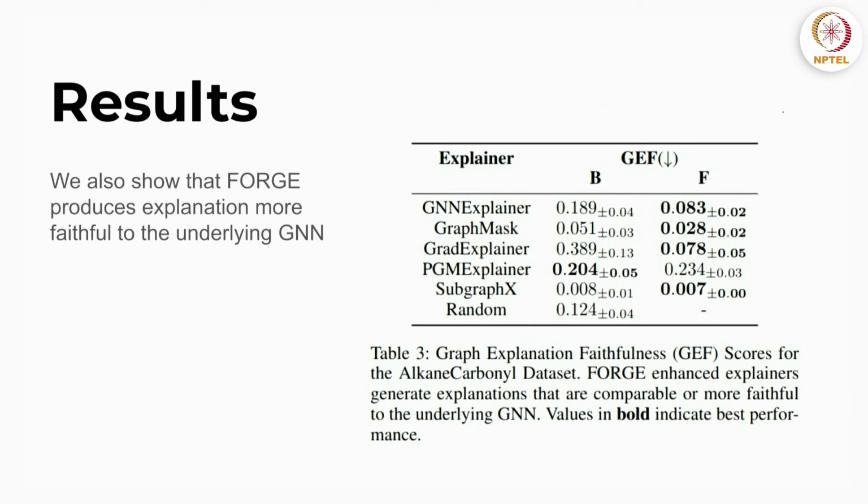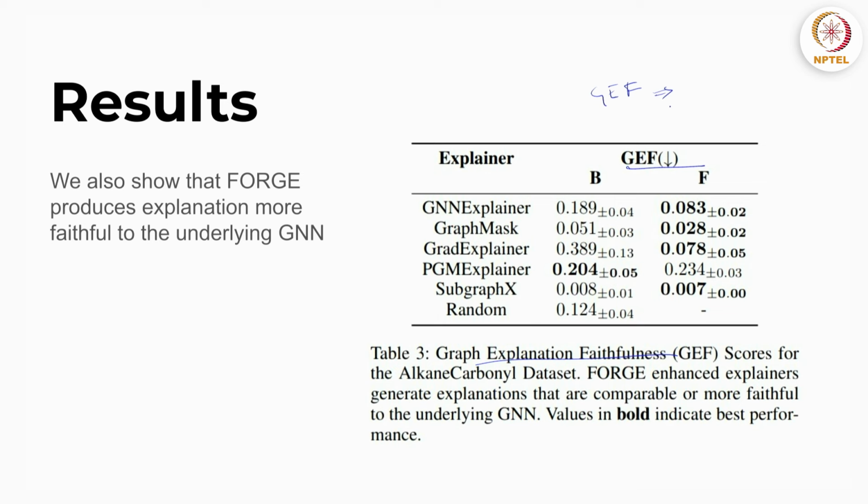However, now we move on to further results, and here we have GEF. The formula for graph explanation faithfulness is a little more complicated, but what it tells us empirically is how faithful the explanation that is generated is to the original GNN output.